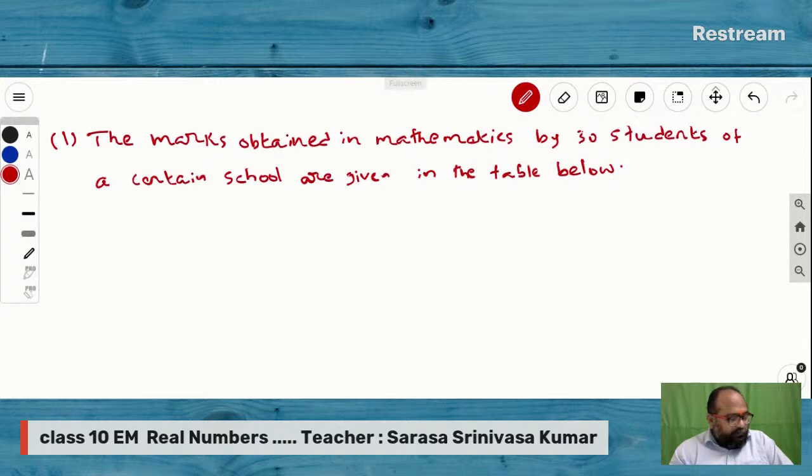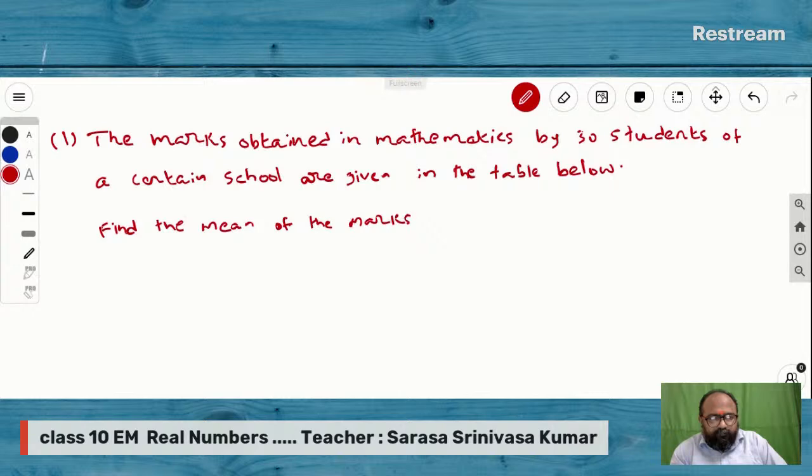Find the mean of the marks obtained by the students.